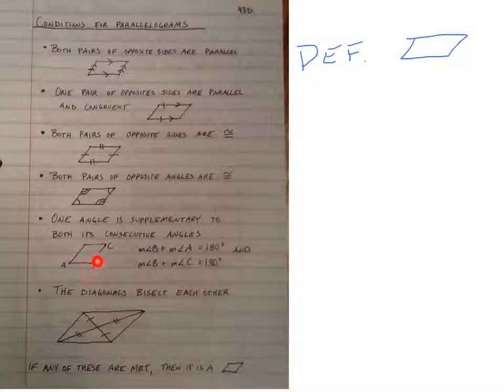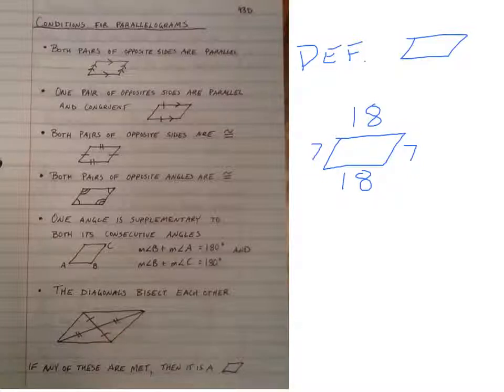So if B and A are supplementary, as well as B and C, then you have a parallelogram. And the final condition is if the diagonals of your quadrilateral bisect each other, then you have a parallelogram. If any one of these are met, then you can state that your quadrilateral is a parallelogram.